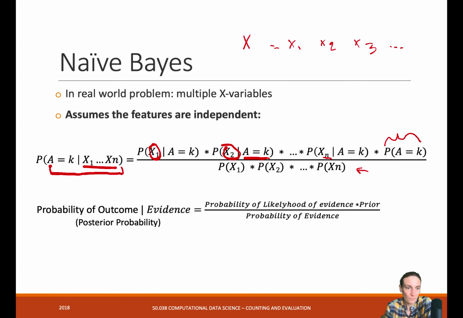So basically, the probability of a certain outcome given the evidence, being the x's or input features, equals the likelihood of the evidence times the prior divided by the probability of the evidence.